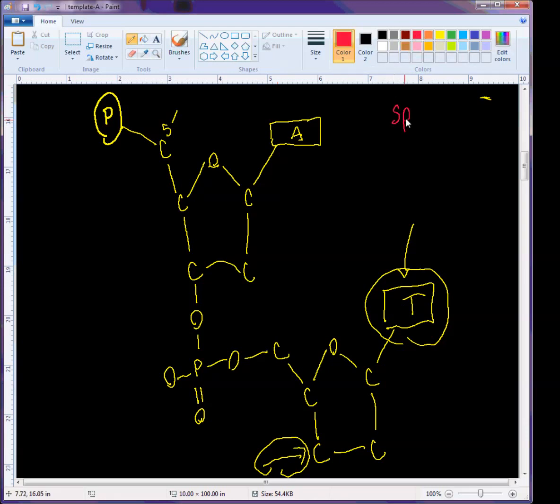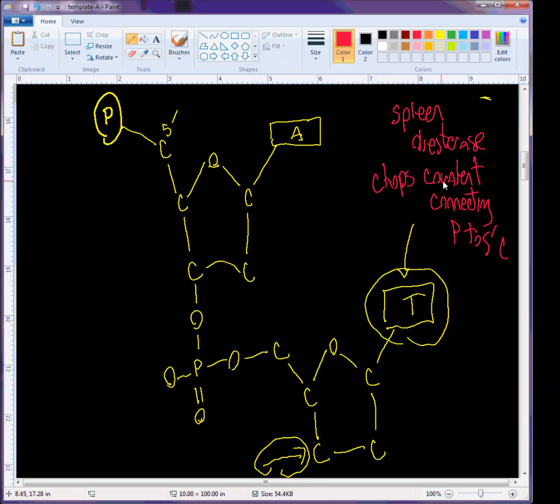We have an enzyme called spleen diesterase, you don't have to memorize this, and what it does is chop covalent bonds connecting phosphates to 5' carbons. After cleavage, to which nucleoside is the phosphate now attached, A or T?